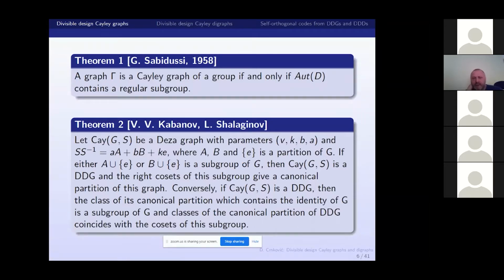And conversely, if the Cayley graph Cay(G, S) is a DDG, then the class of its canonical partition which contains the identity of G is a subgroup of G, and the classes of the canonical partition of the DDG coincide with the cosets of this subgroup.